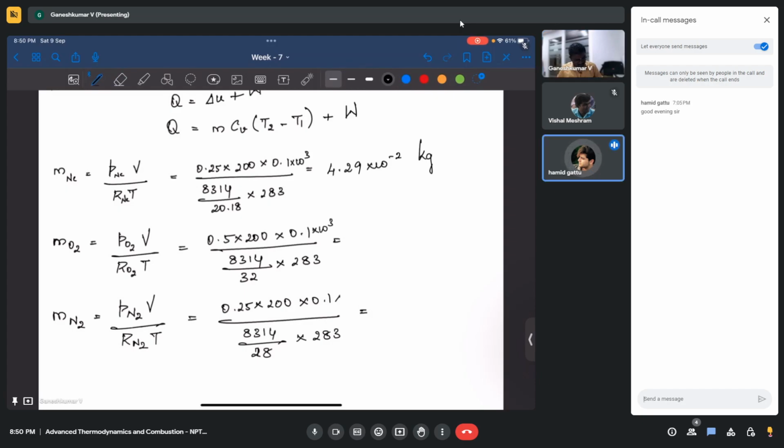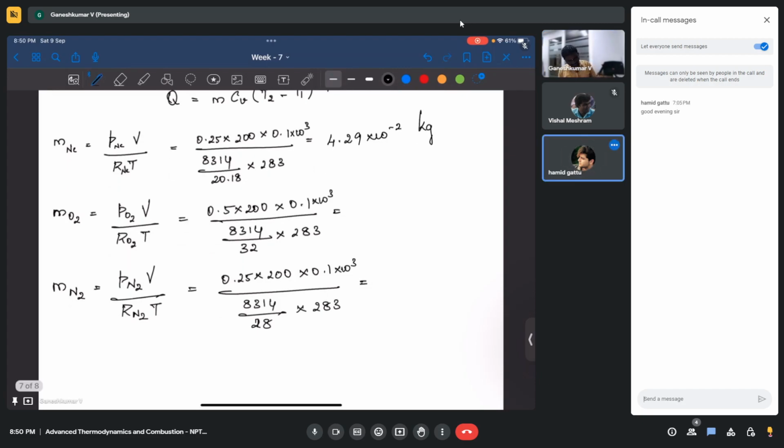We are taking the gas constant in joule, so that is also why we have to multiply by 1000. So then it would be 10 power minus 2, right? Yes, sir. It's exactly 0.043.